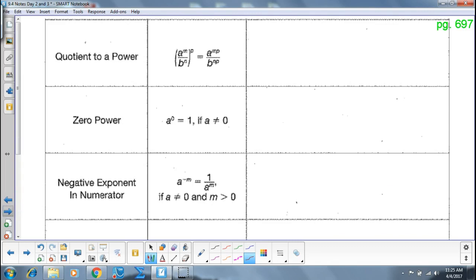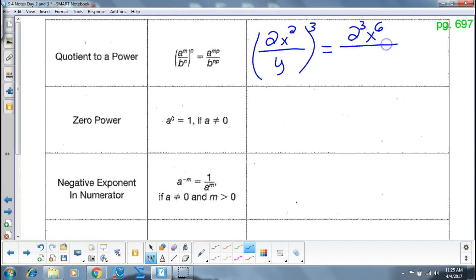Quotient to a power, same thing. So now if I had 2x squared over y, and I take that to the third power, what that's saying then is this is 2 cubed x to the 6th over y cubed.